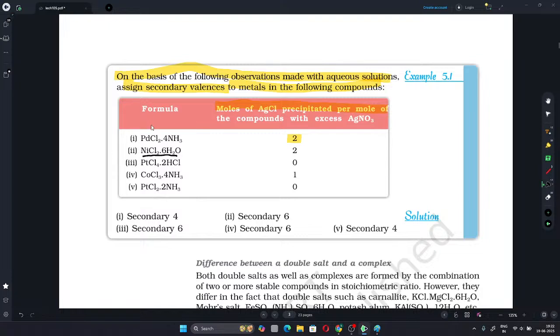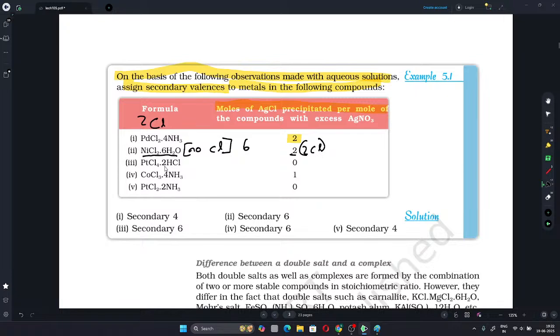Here we see that 2 Cl are there, and we got 2 AgCl, which is equal to the number of Cl here, so it is equal. As such, there are no Cl in the complex, and it should be based on nickel's secondary valence. It should be 4. No, it should be 6, because there are 6 H2O molecules.